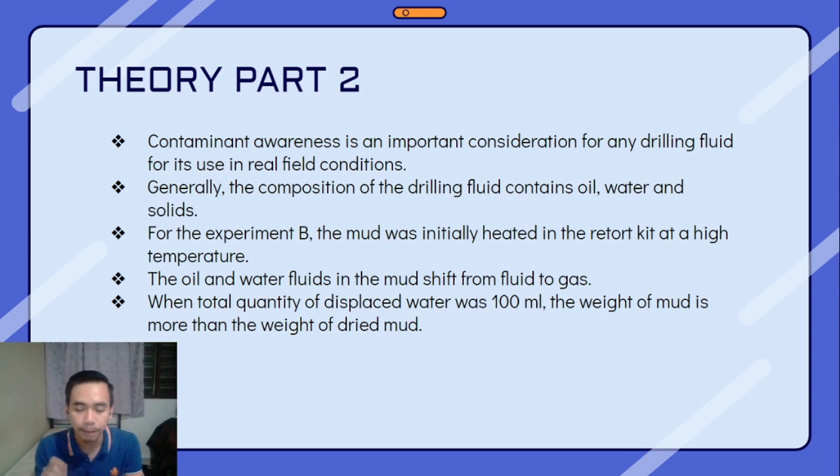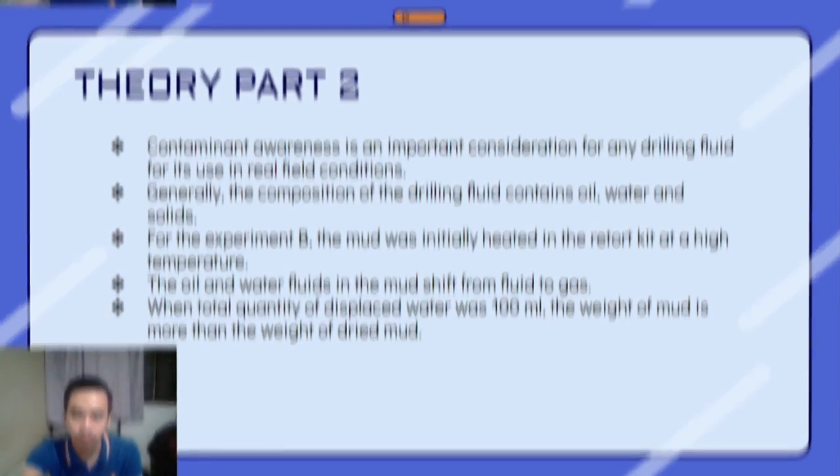The collision breaks them away from the solid part and they look for places where pressure is released and energy is gained. When the total quantity of the displaced water was 100 ml, the weight of mud is more than the weight of the dried mud. And the result will be explained later by Ayman.